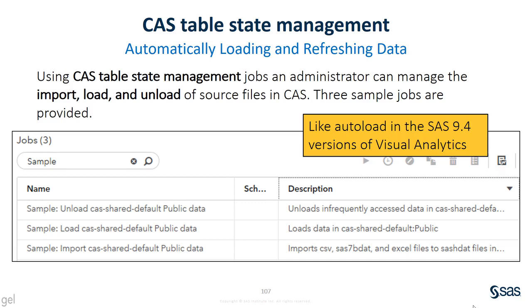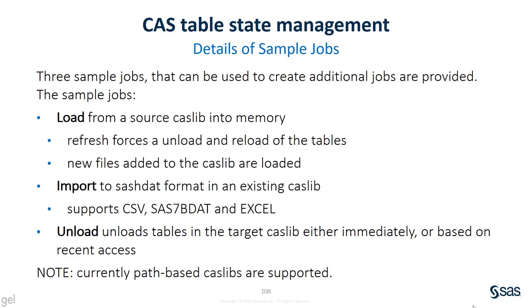So the way it works is we get three sample jobs, a load, an unload, and an import job. The load job will load from a source of a CASLIB into memory. So the diagram I showed you right at the start of this section had the source and the in-memory space of the CASLIB, and we had four tables.